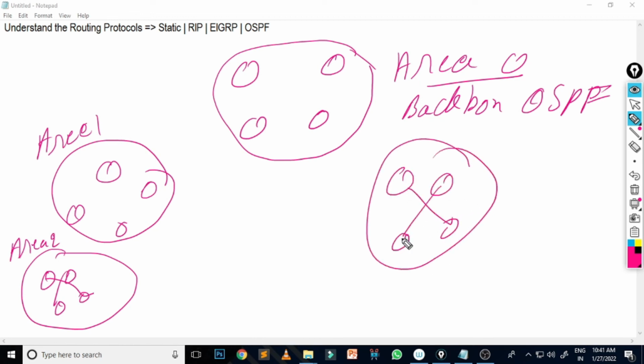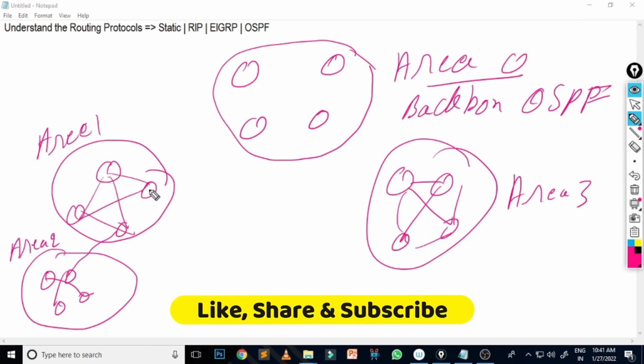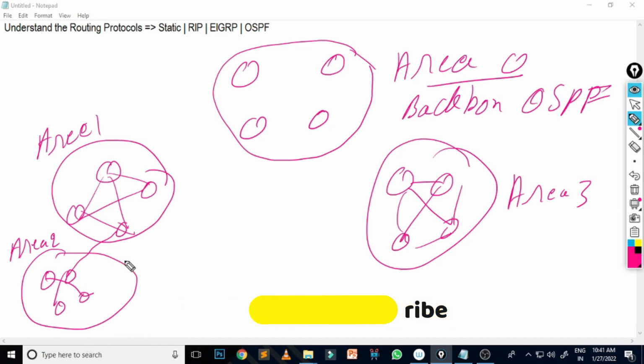These are also connected to each other like this, and this is let's say area 3, right? So if I directly connect area 2 and area 1, these areas will not communicate with each other, because these standards and procedures are defined for each and every normal area.